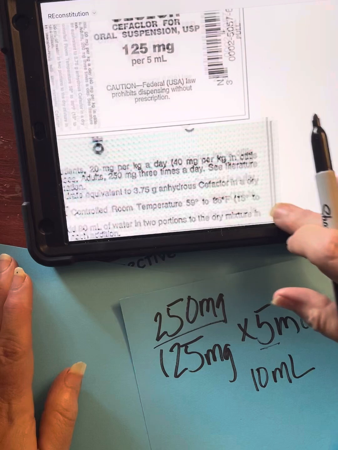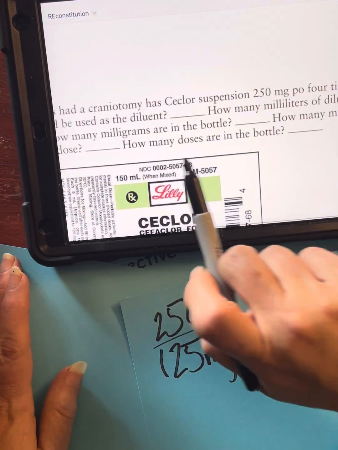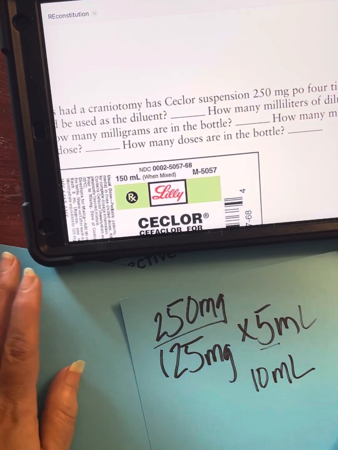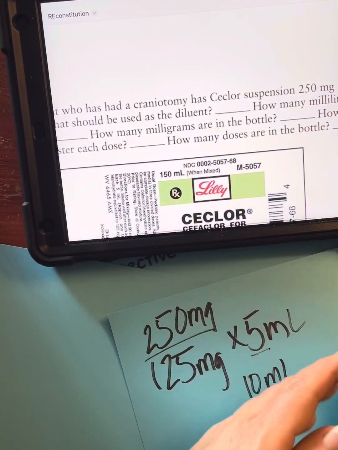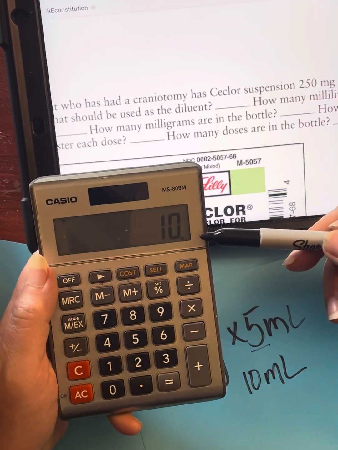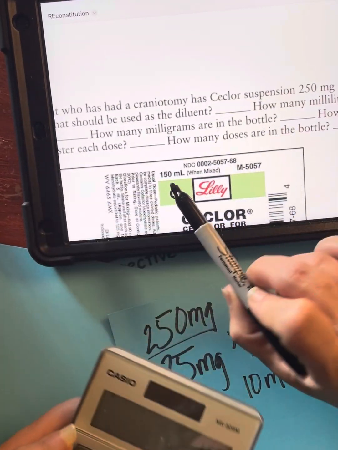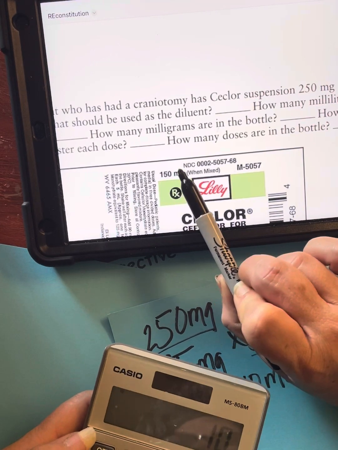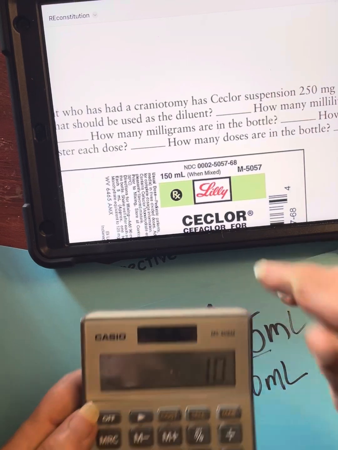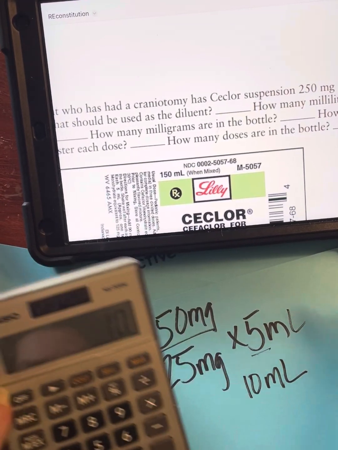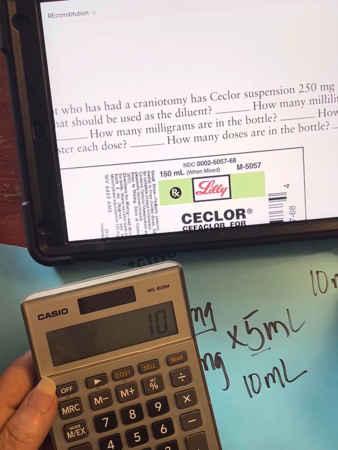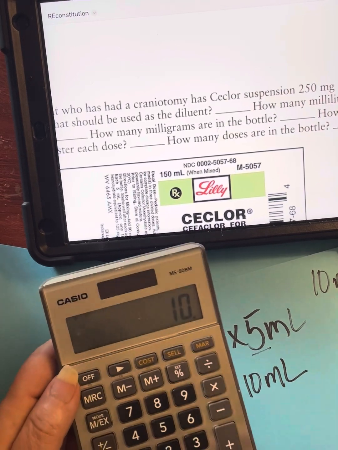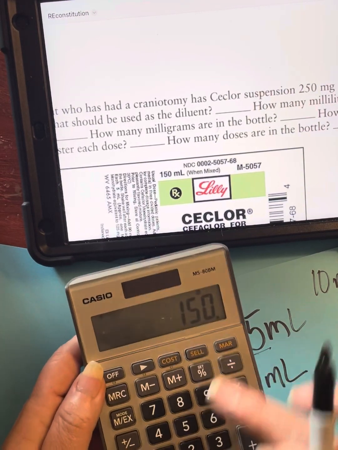Well then, this old nosy butt wants to know how many doses are in the bottle. All right? If one dose is 10 milliliters, and it says it's going to have 150 in there, I'm going to divide 10 into 150. 10 milliliters is the dose. 150 divided by 10.